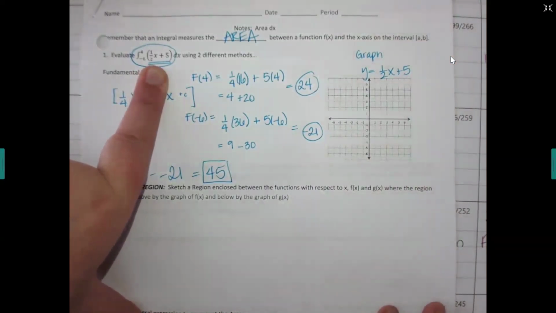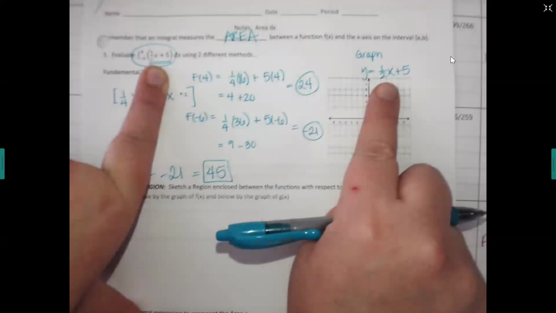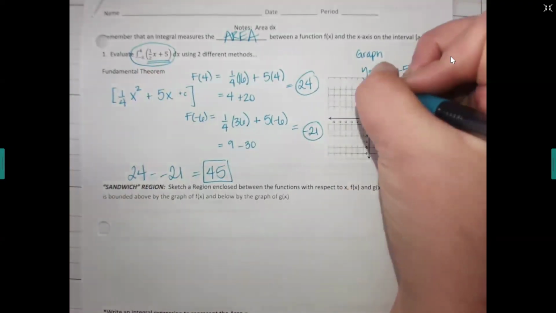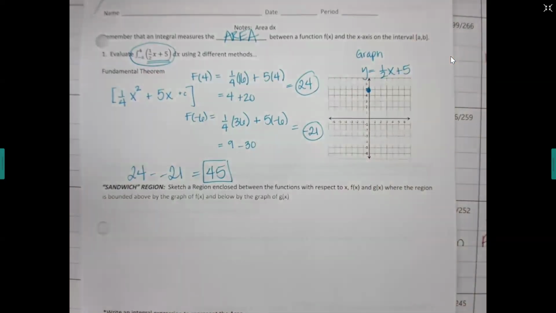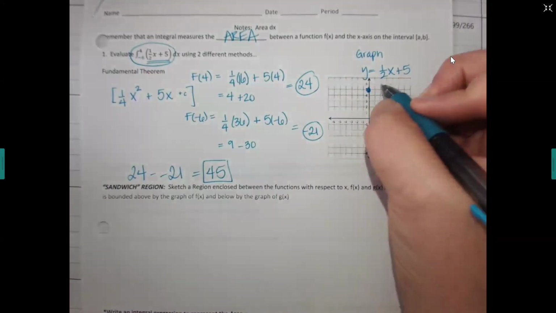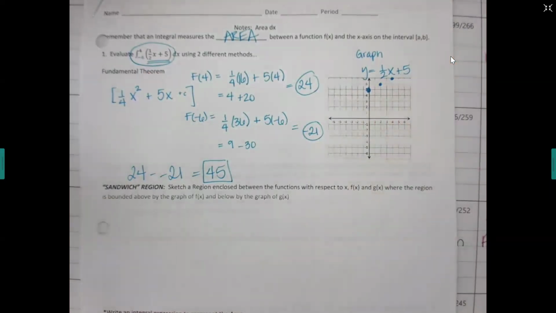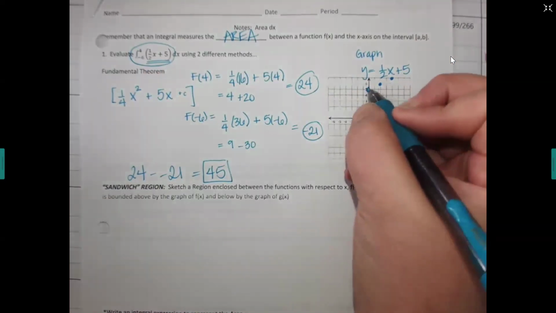Is it like a U, a V, a line? No, it's a line, a straight line. Okay, the 5 is the y-intercept. And then the 1/2 is the rise over run. So you just rise 1, run 2. Rise 1, run 2. Okay, then go the other way.